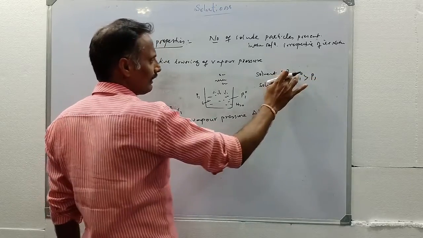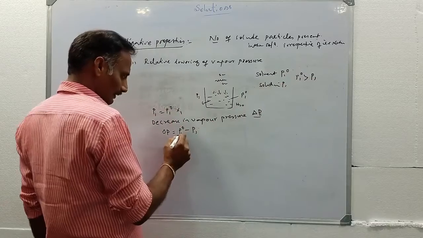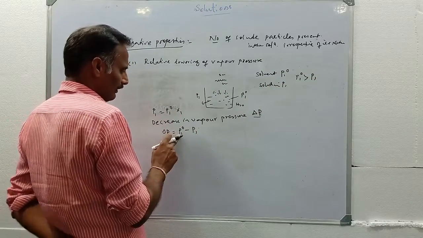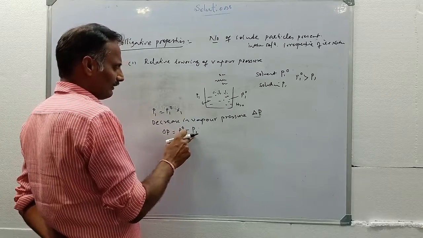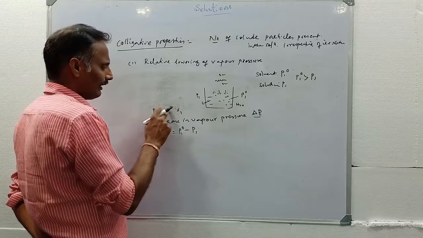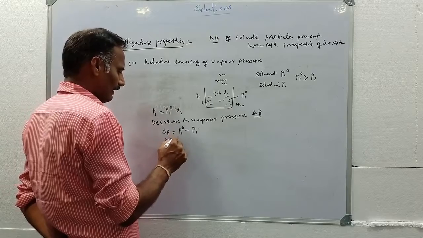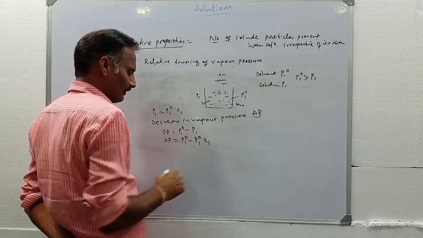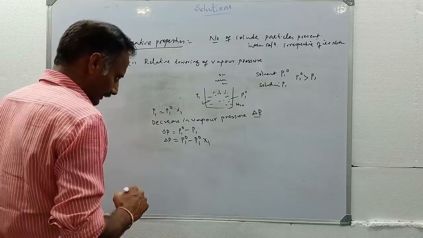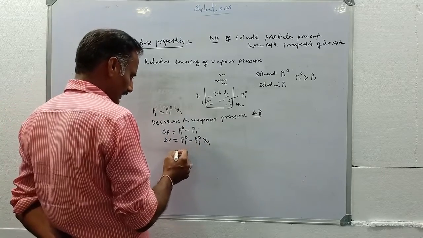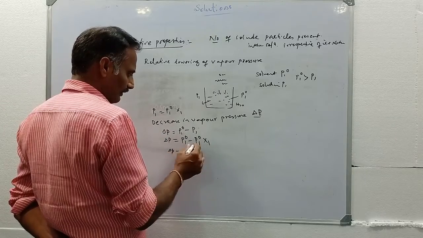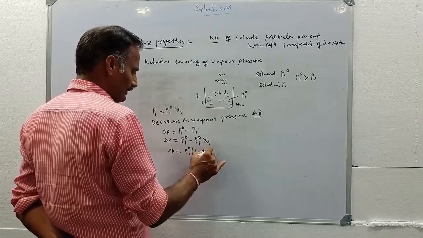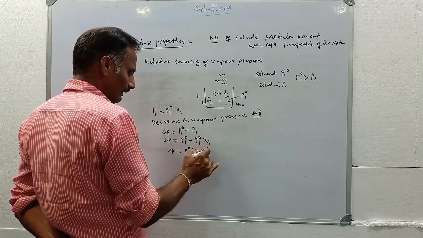That's why P1 naught minus P1 gives the decrease in vapor pressure. Since P1 equals P1 naught x1, delta P equals P1 naught minus P1 naught x1. On rearranging, delta P equals P1 naught times (1 minus x1).